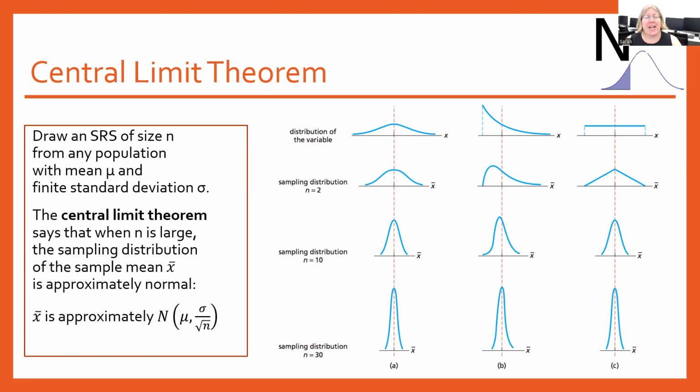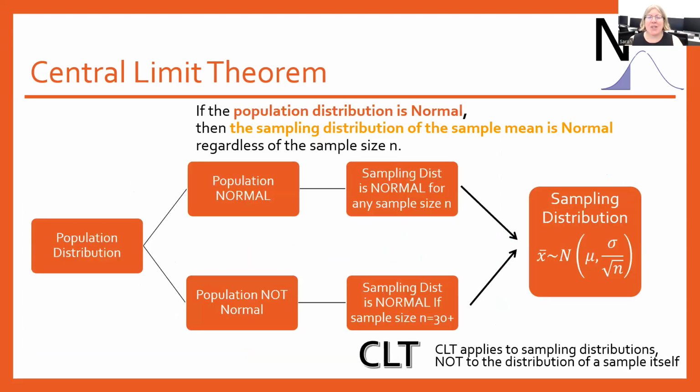normally distributed sampling distribution. So if your original population is normal, then you can go ahead and use any sampling size and get yourself to that sampling distribution. If your original population is not normal, then you want to check to make sure you have a sample size of at least 30.